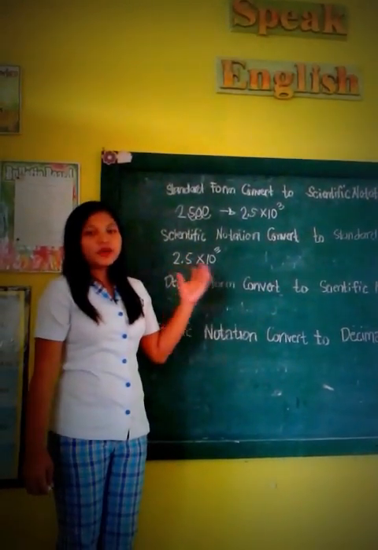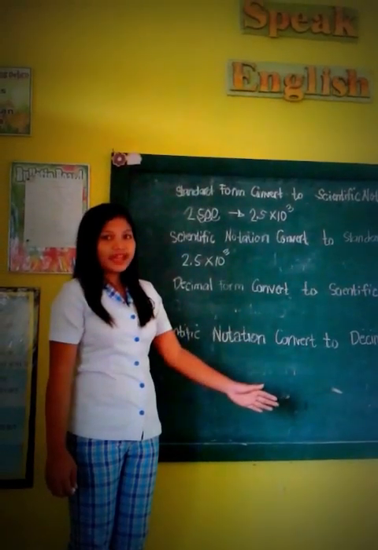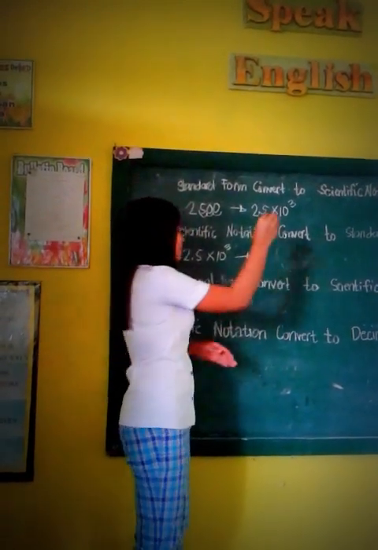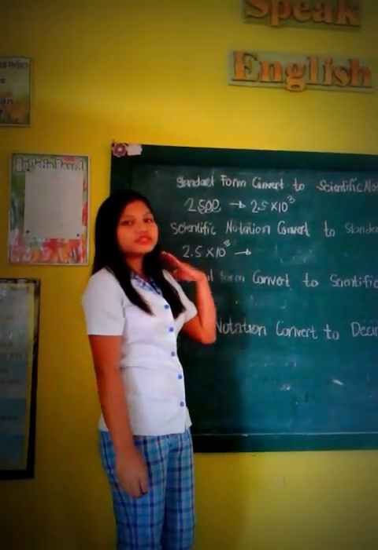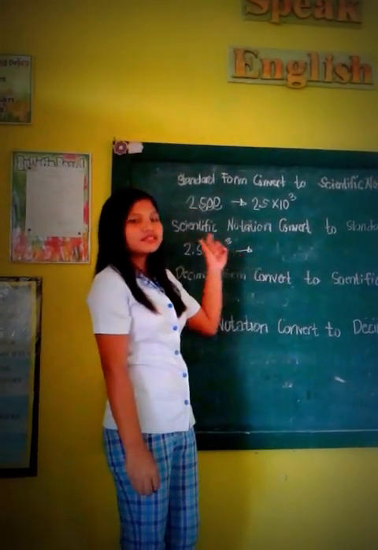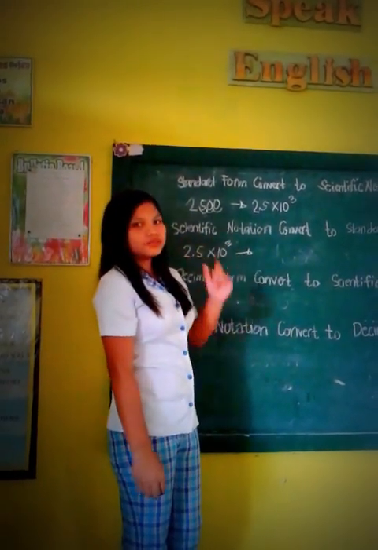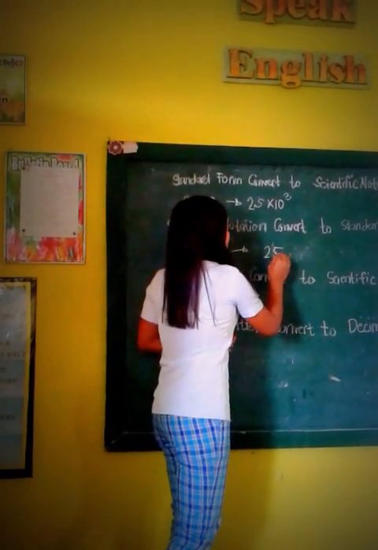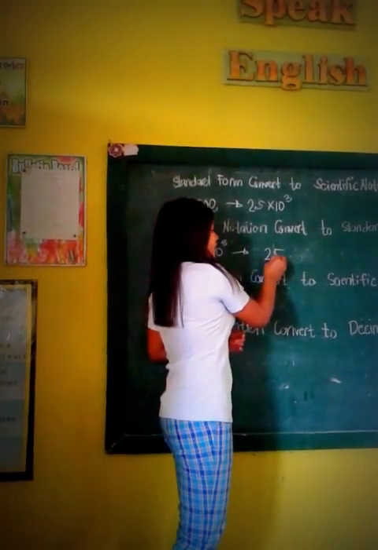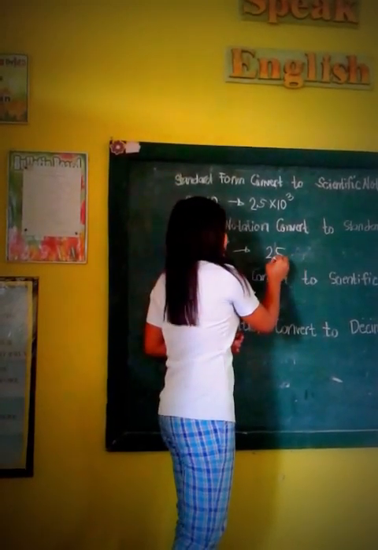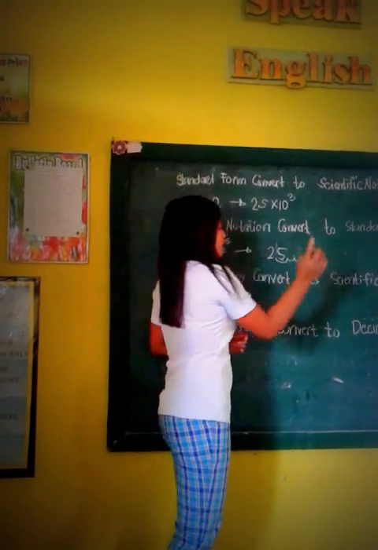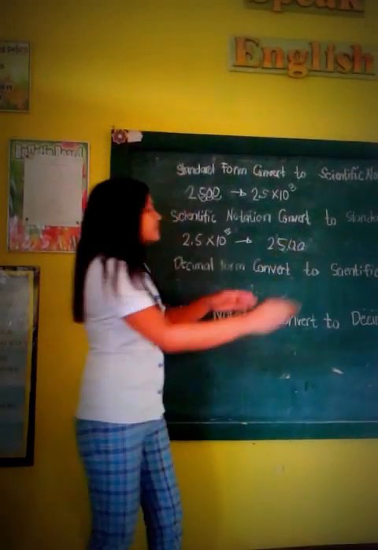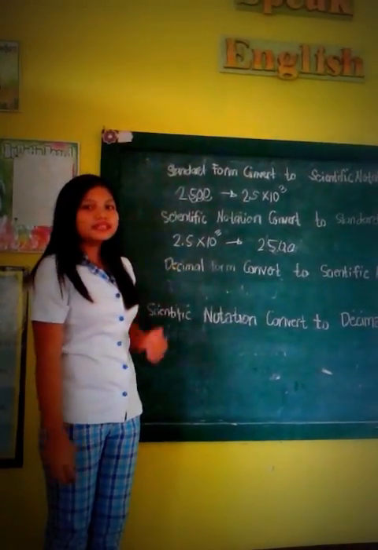So the thing we must do in order to convert it into the standard form is move the point 3 places because your exponent here is 3. Then 2.5, you have a point here, so you must move it 3 places. 1, 2, 3. Okay, just put 2 zeros. 1, 2. So now this is the standard form of the scientific notation.